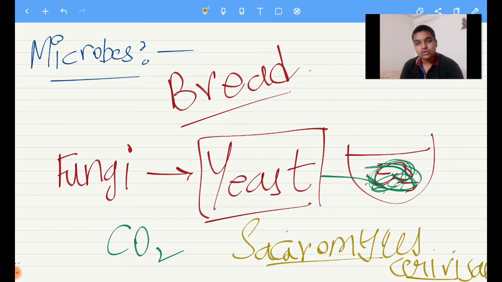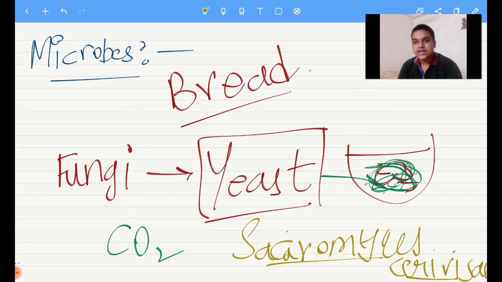And also this LAB is present in the stomach. That's it with LAB. Now we have discussed yeast, which is a fungi, a unicellular fungus, which reproduces by budding, and it is used in the process of bread making, and simultaneously in the process of making beer or alcohol. Okay, or for fermentation, you can simply remember that.